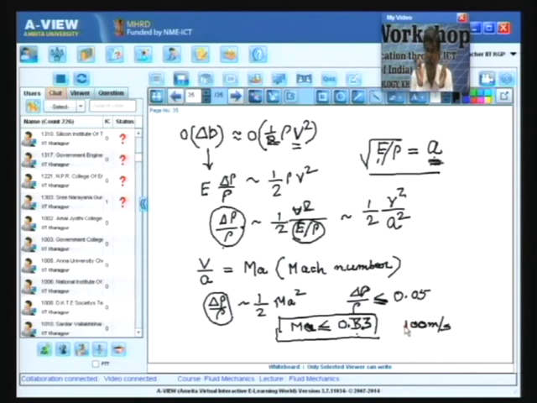Here I would like to mention one thing: this constant density flow we loosely call incompressible flow. Why? Because the effect of compressibility is ignored here, since the density change is so small, below 0.5%, when the Mach number is less than 0.33. But saying a constant density flow means incompressible flow is not correct.